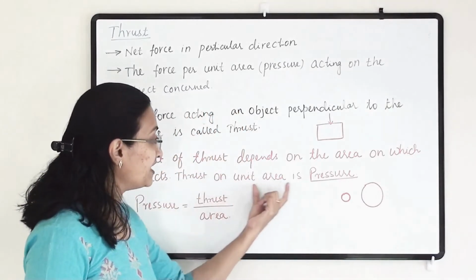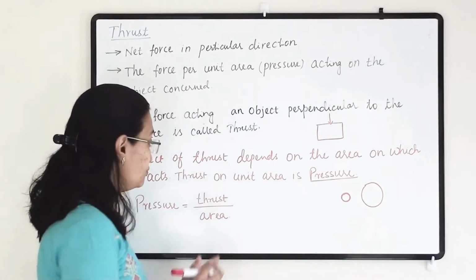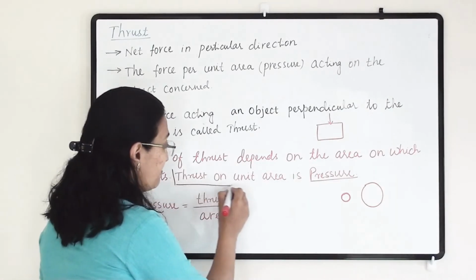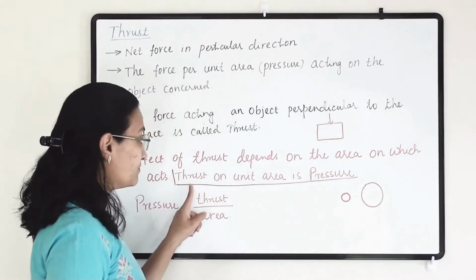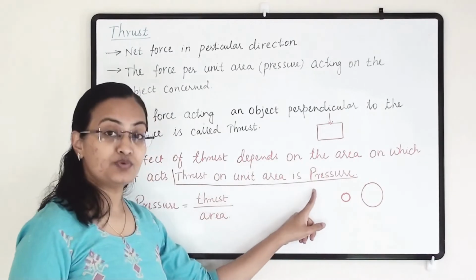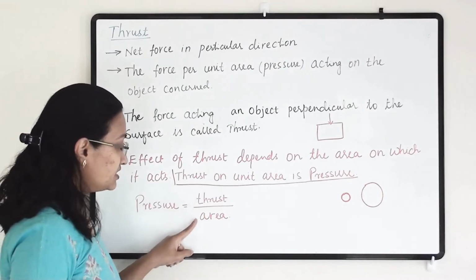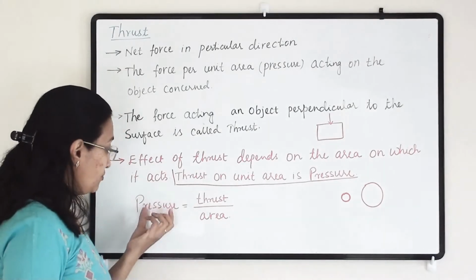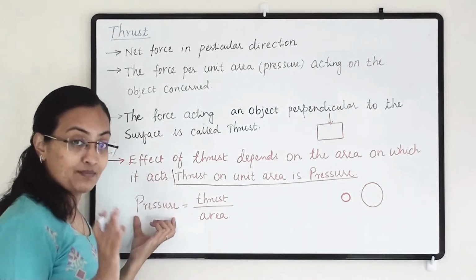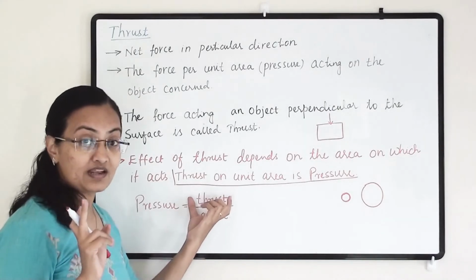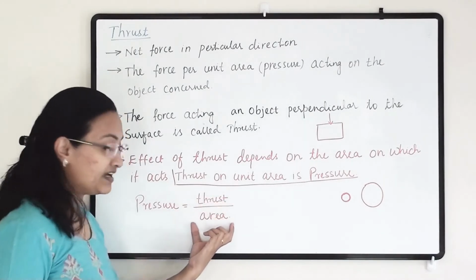Thrust on unit area is pressure. This is also one definition: pressure equals thrust divided by area. Pressure is what we are applying, thrust is the force we are applying, divided by area.